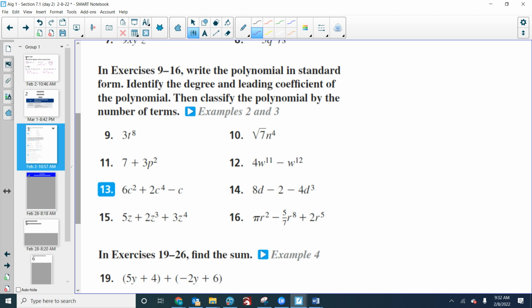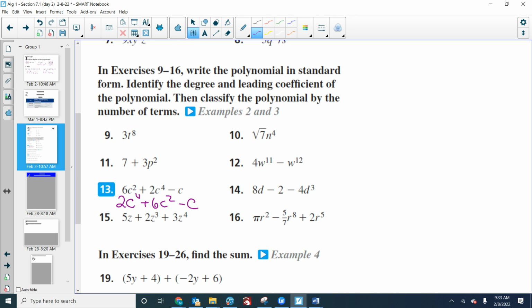Let's jump down to 13. Guys, this is my leading term because of the 4. Does everybody agree? Then I go plus 6c squared minus c to the first. What's my degree? 4.